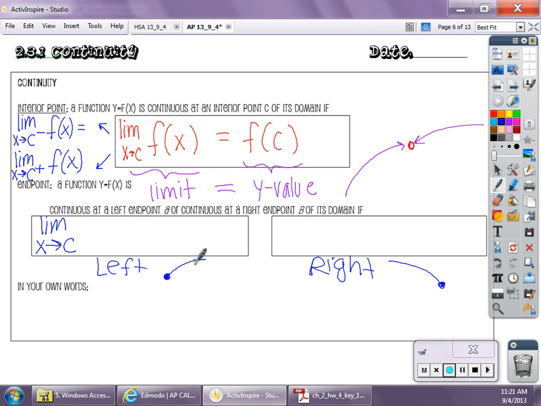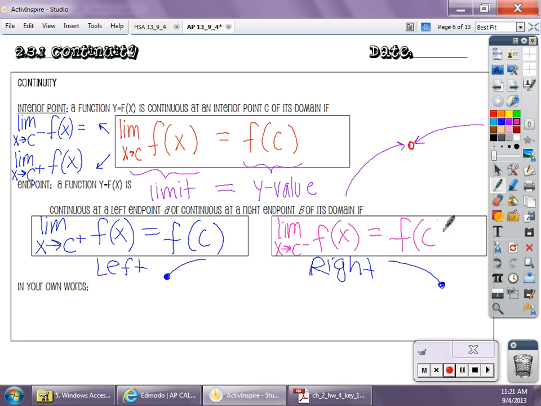For the left endpoint, I came from the right side. So even though it's the left endpoint, oopsie, it wasn't supposed to be an L, f of c. Even though it's the left endpoint, you come in from the right. Even though it's the right endpoint, you come in from the left. And people get all kinds of confused with that. But you should be able to make sense of it with the picture.